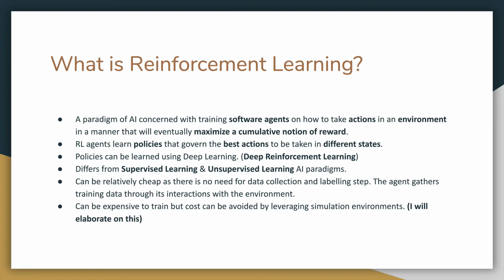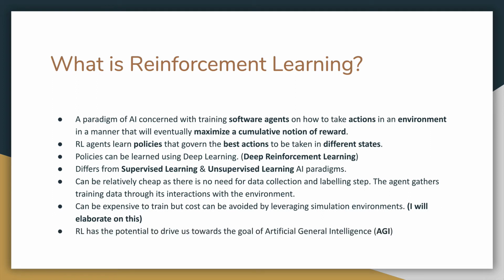But thanks to packages like OpenAI Gym, we have simulation environment where you can actually simulate all these things to train your agent before you upload the software onto the robot to try it out in the robot. So this is what I mean by RL having the potential of being expensive to train, but you can avoid that by leveraging simulation environment.